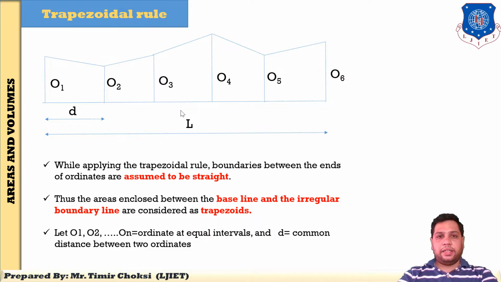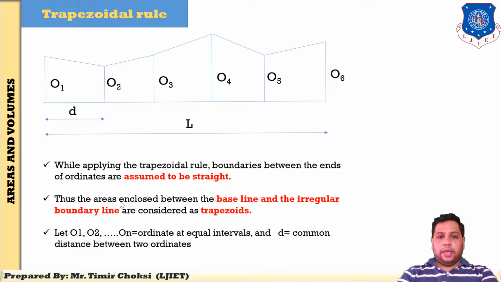Now you find the equation of the boundary area from the trapezoidal rule. By applying the trapezoidal rule, the boundary between the end ordinates is assumed to be straight. Joining the line O1 to O2, O2 to O3, you assume it is straight.